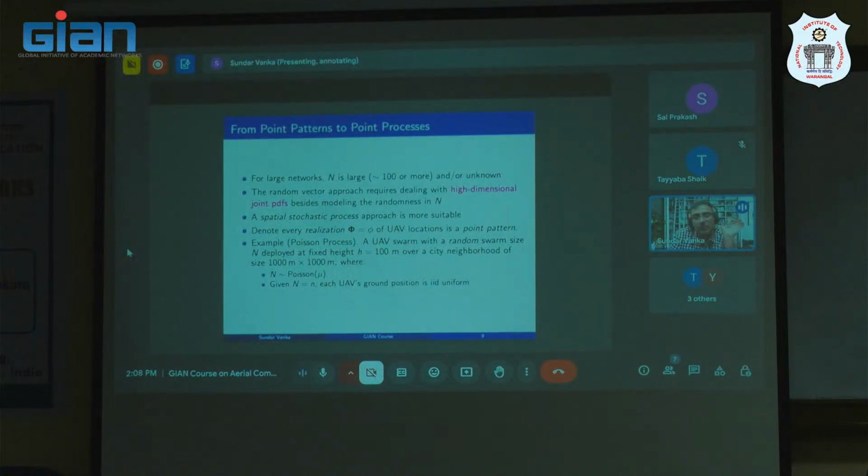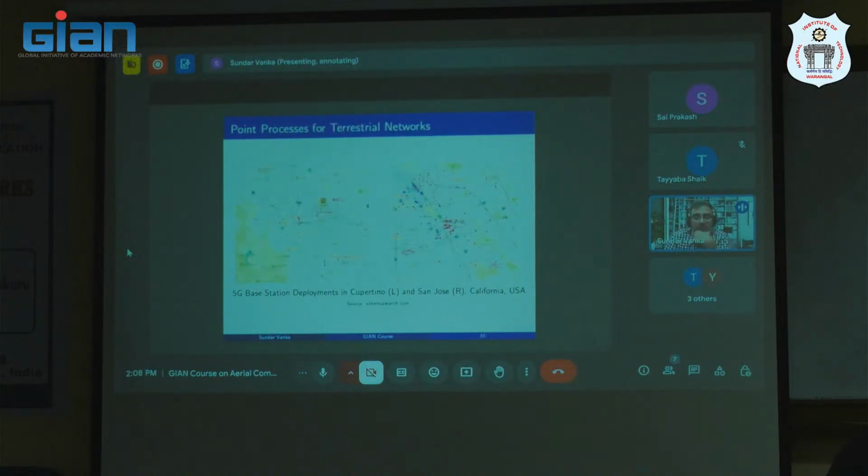But suppose you have N, a Poisson random variable, and you're deploying all the UAVs at some height, 100 meters, over a city neighborhood of size 1 kilometer by 1 kilometer. Then those UAVs will look like randomly placed UAVs in this 1 kilometer by 1 kilometer area at a height of 100 meters. So this is how it looks, for example.